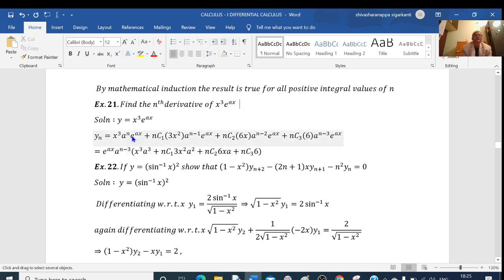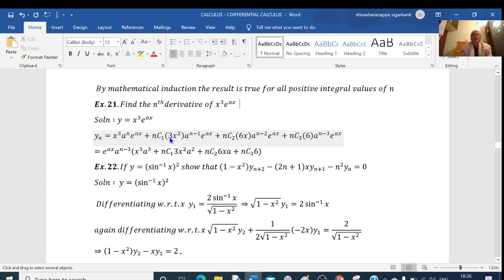So that is e power of ax. Here e power of ax is there. I will take e power of ax as a common factor, and a to the power of n minus 3 as a common factor. Then in the first term I am getting x cube into a cube remaining, plus nc1.